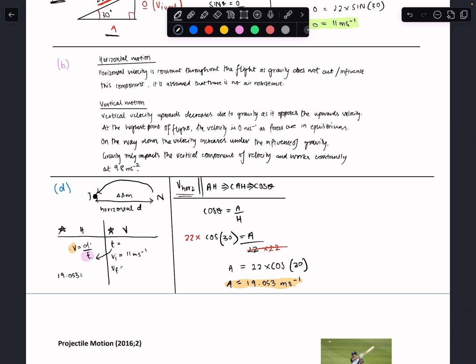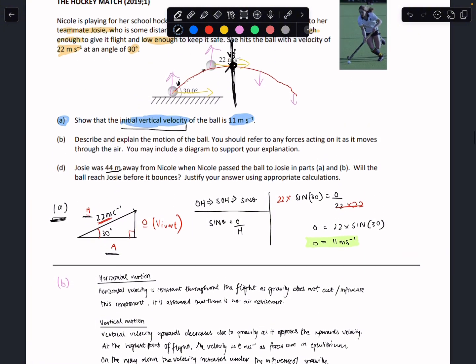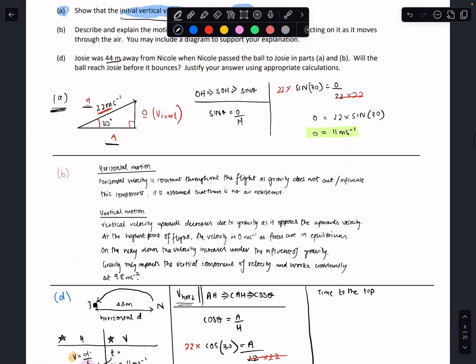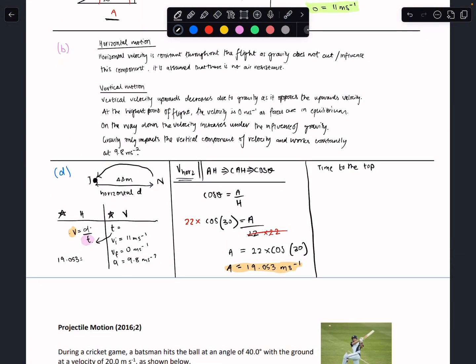So VF is 0. Acceleration due to gravity is 9.8 meters per second squared. Now what we have to do is figure out the time taken to the top, and then later we'll times by 2, because this is a symmetrical projectile motion. So time taken to the top, that's our mission at the moment.